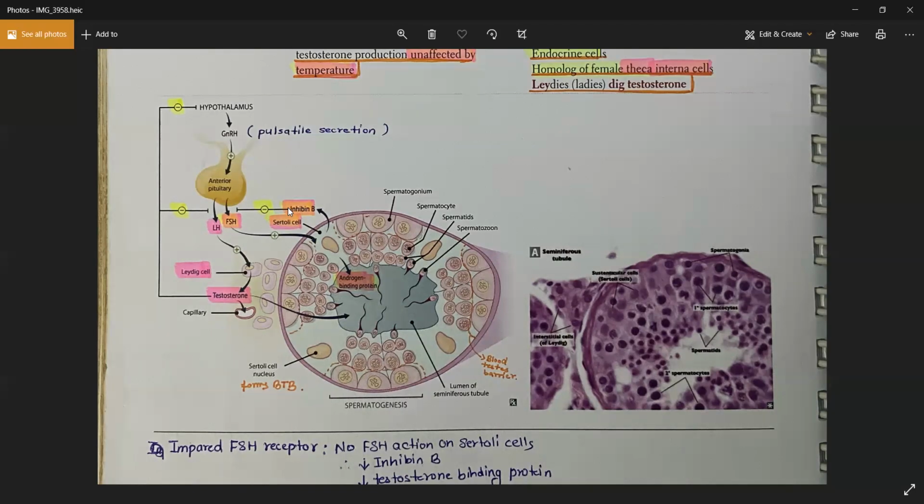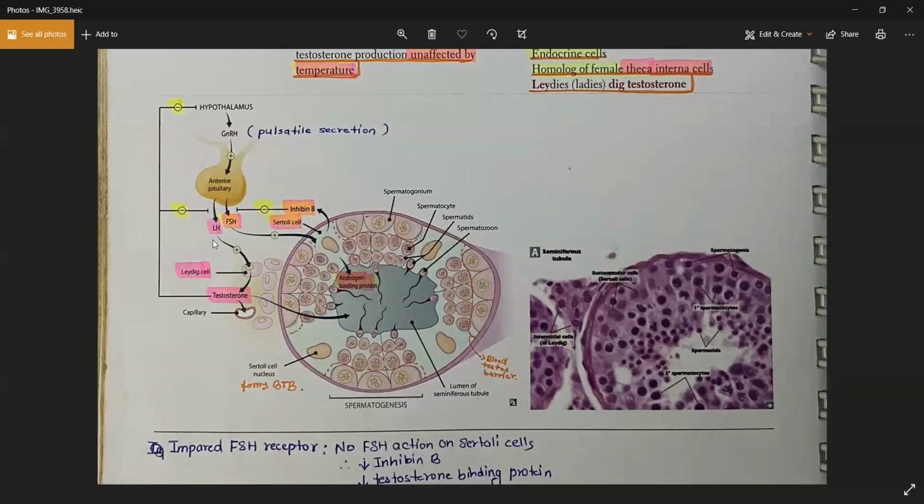Whenever you get sufficient activation of the Sertoli cells, you will have a release of inhibin. When the concentration of inhibin increases, it will only cause the inhibition of FSH. It will act on the anterior pituitary and just inhibit the cells which are releasing FSH.